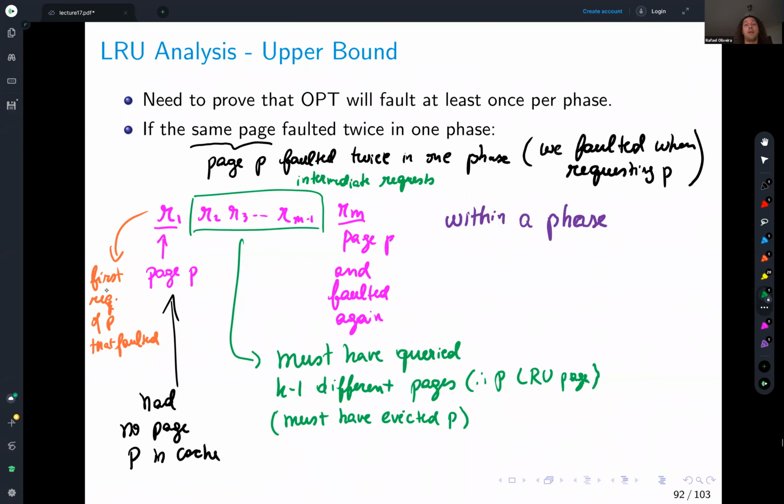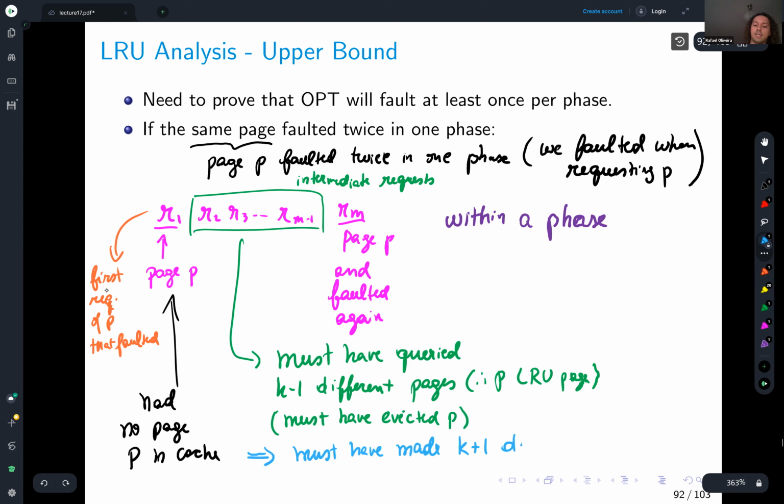Now here's the thing. If we did this, what does this imply? This implies that we must have made k plus 1 distinct requests in this phase.